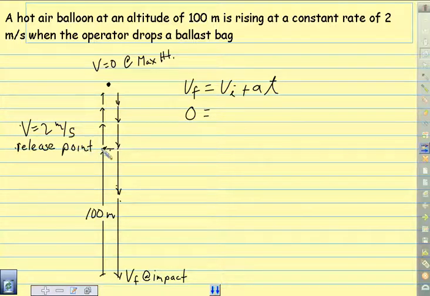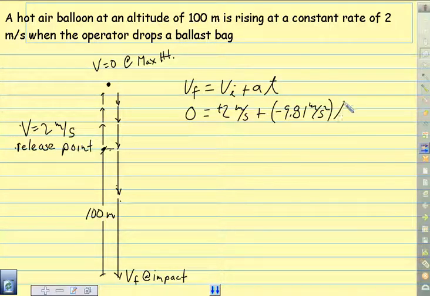The initial is the velocity that the bag was going at the time I dropped it. It was going 2 meters per second upward. Its acceleration is downward. This makes sense because the bag is going to slow down to a stop. And I'm going to find that time that it's going to move upward until it goes to a stop.